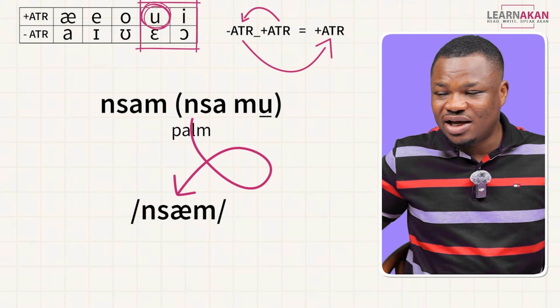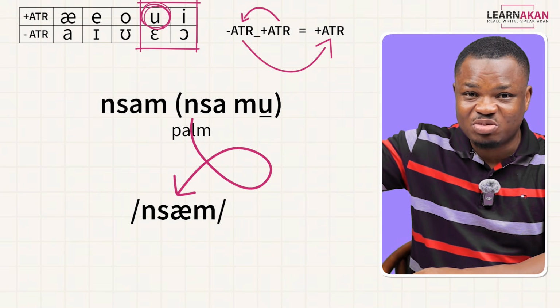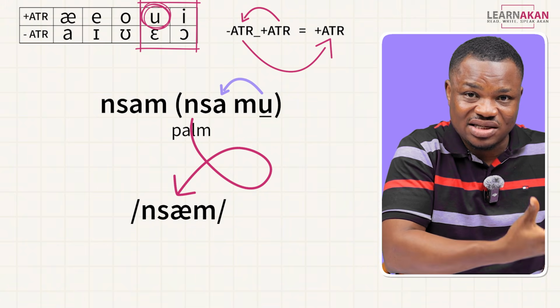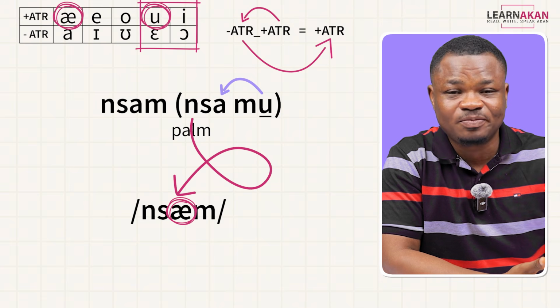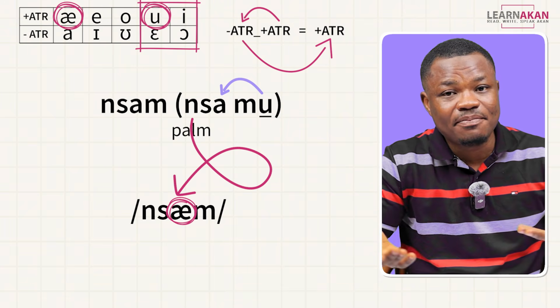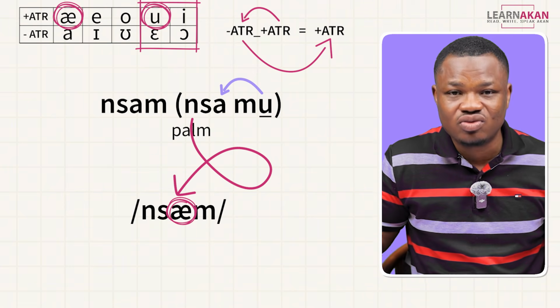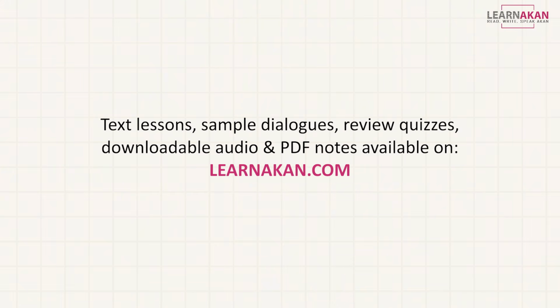So once you say it with this mu, the u in the second word, which is plus ATR, will cause the last vowel of nsa, which is a, to be pronounced as the plus ATR version, which is e. So you hear insem, and not insam. You don't say insam, no, it's insem.